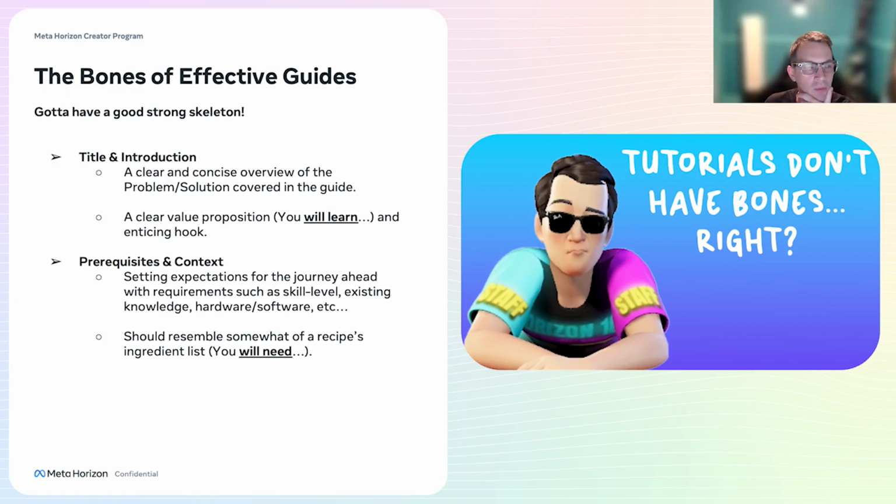And then you've got an introduction. The introduction is to establish context. So state the problem and explain the value of the solution. This is the why of the end result and maybe who the guide is for. So instead of "This guide will show you how to use the asset gizmo," for example, you might say, "Tired of players sharing the same UI?